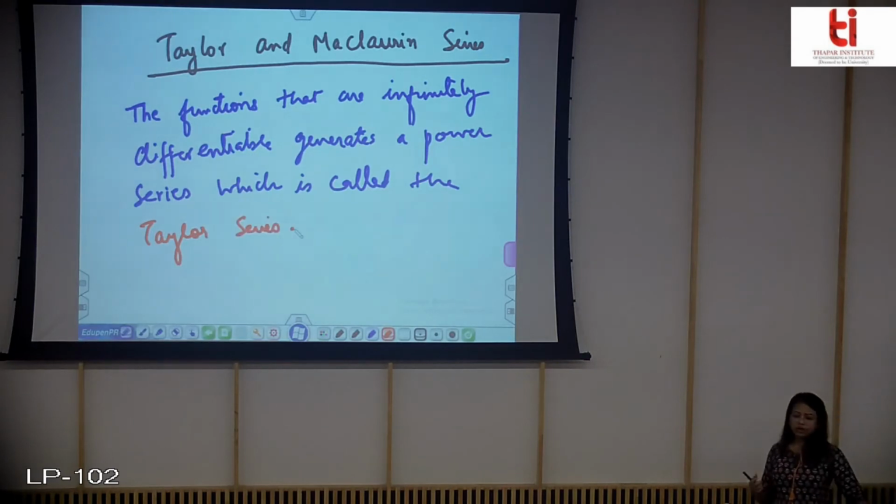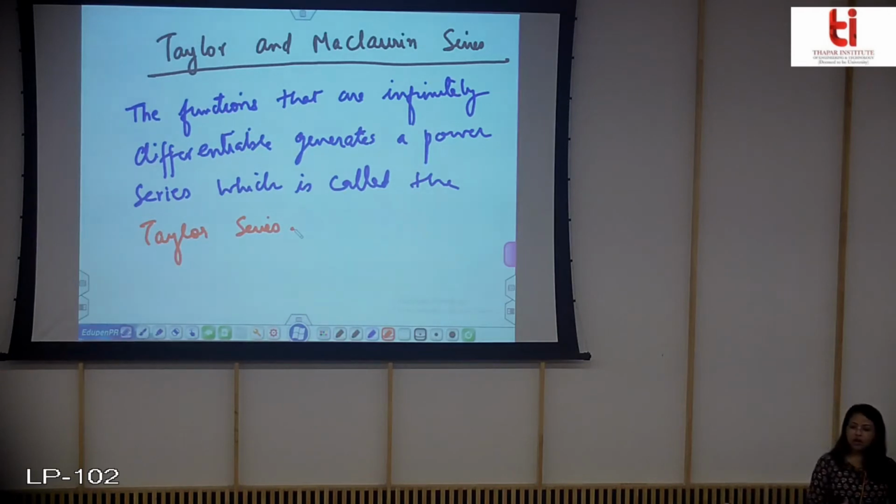Now what is this Taylor series? It provides a polynomial approximation for the functions which are infinitely differentiable. Like if we have a cos function, cos x, and we want an approximation of cos x through a polynomial function, this approximation is called a Taylor series.